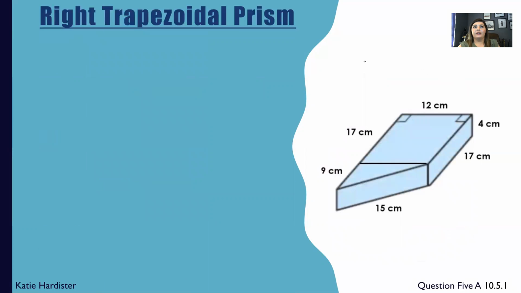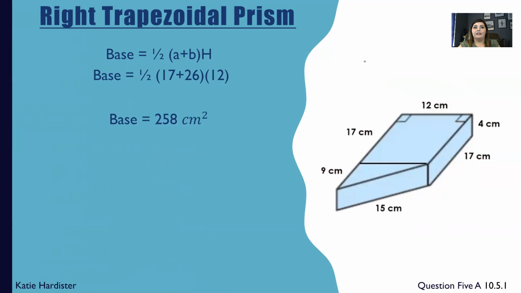So let's look at the right trapezoidal prism. So for that, we're going to take the base. To find the base, we take half open parentheses a plus b close parentheses h. And so if we were to put those together, then we would equal 258 centimeters squared, and that is for the base.